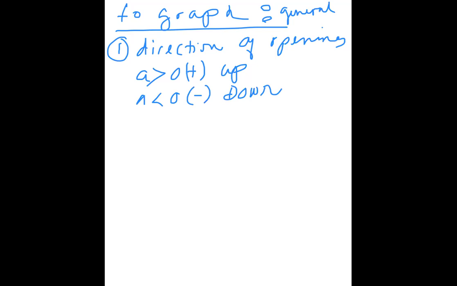Now, going back to step 2. One of the critical points on the graph of these functions, a secondary point, is the y-intercept. So we're going to find the y-intercept. To find the y-intercept, you substitute 0 for x and solve for y.